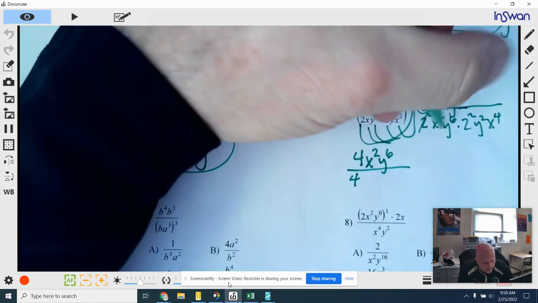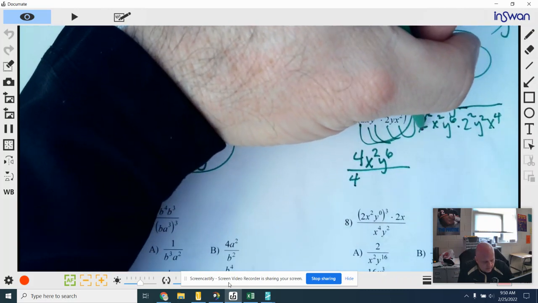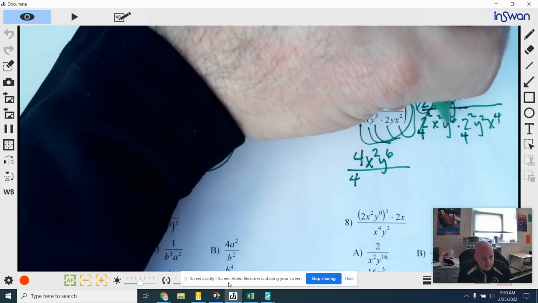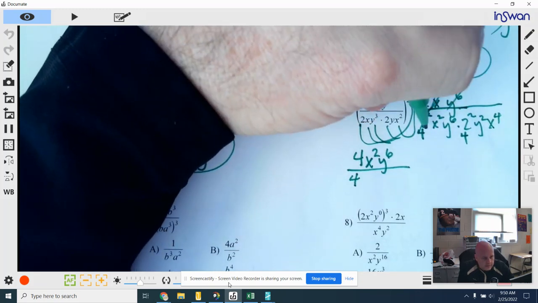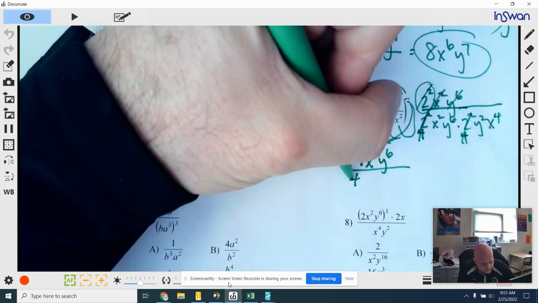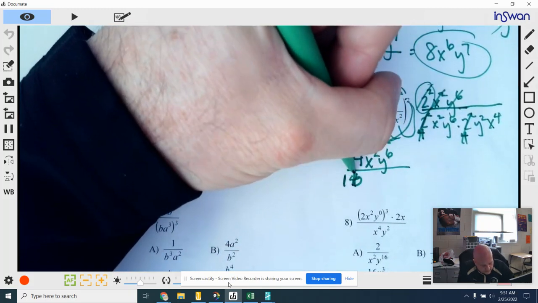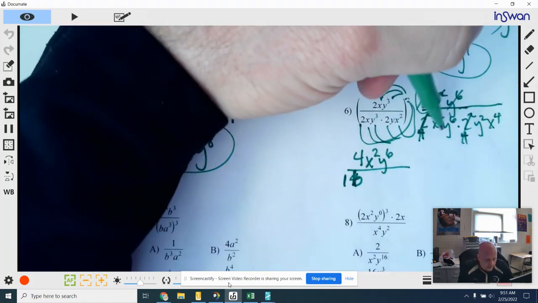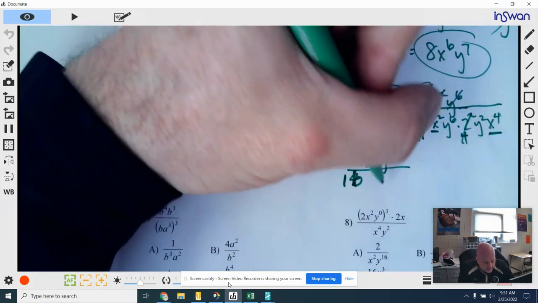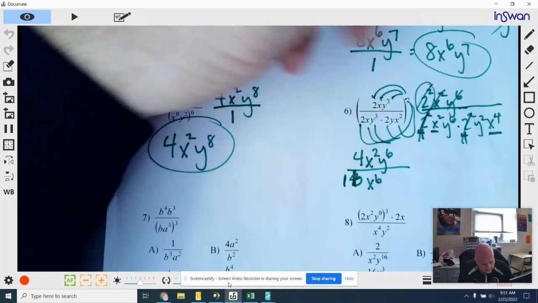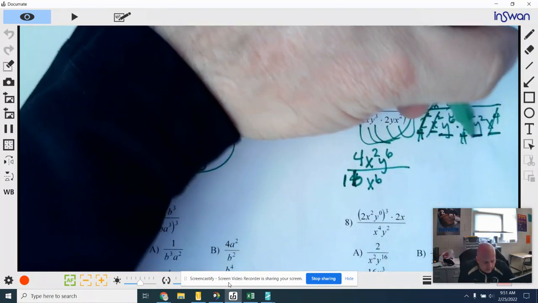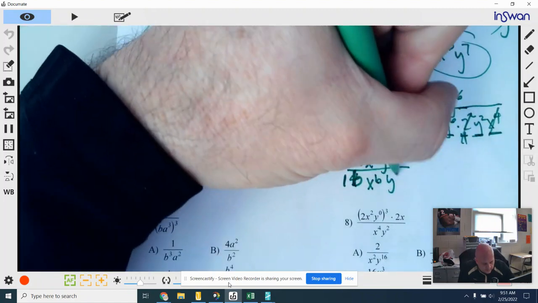Okay, and then technically I do this. So 2 squared is 4. I got a 4 there as well. All right, so maybe to save a step, I'm going to say 4 times 4 is 16. So I'll just go ahead and put a 16 there. Okay, x squared and x to the 4th come together, and that gives you x to the 6th. And then my y's, y to the 6th and y squared, that gives you y to the 8th.